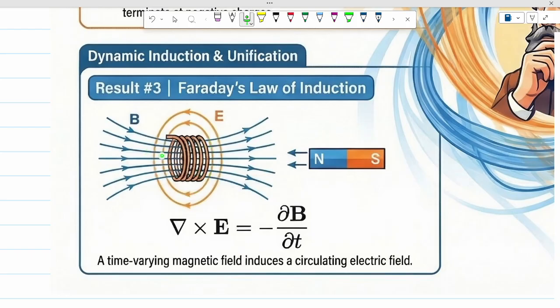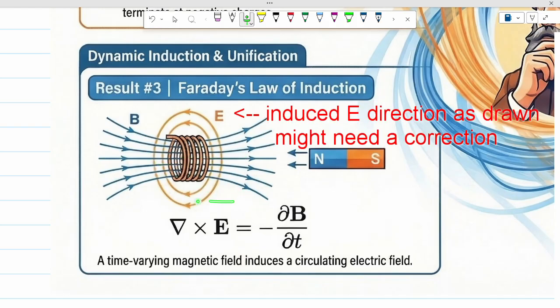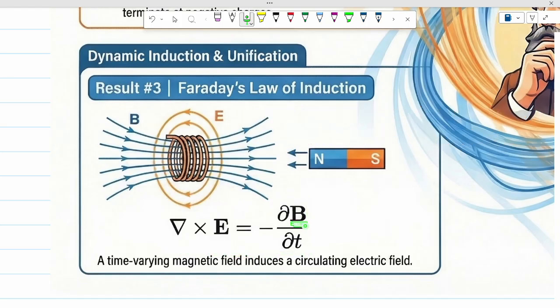Basically, you want the magnetic field due to the induced current to point this way to oppose the change. This is Faraday's law that we just covered. It tells you basically a changing magnetic field or changing magnetic flux will lead to an electric field. That's indicated by this mathematical object.